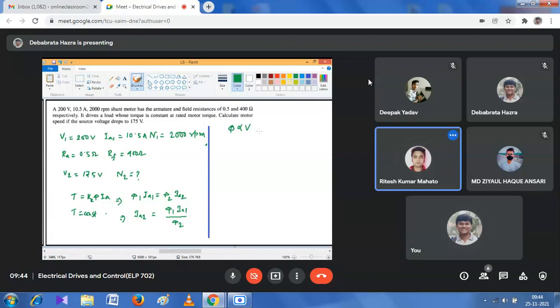Yes, because the motor type is shunt motor, so we can write phi proportional to V. So we can also write phi1 by phi2 is equal to V1 by V2.